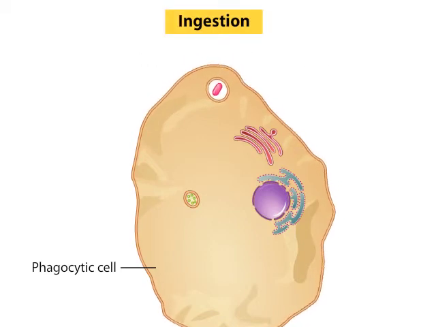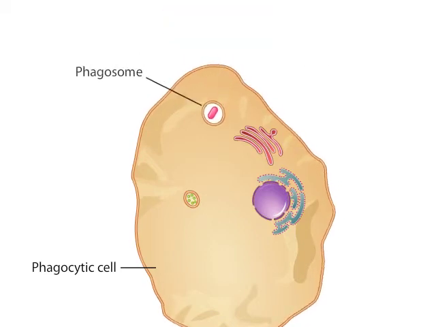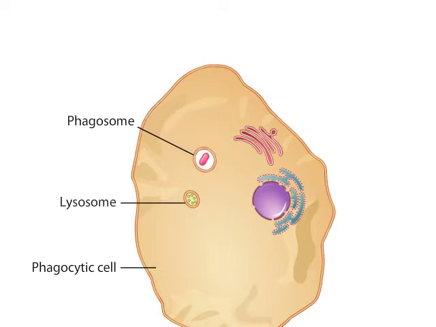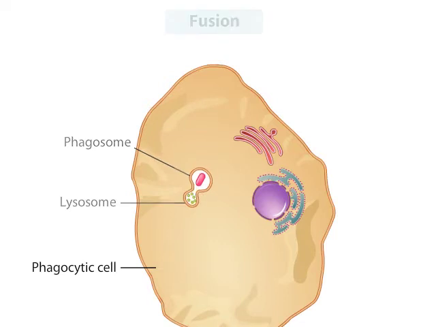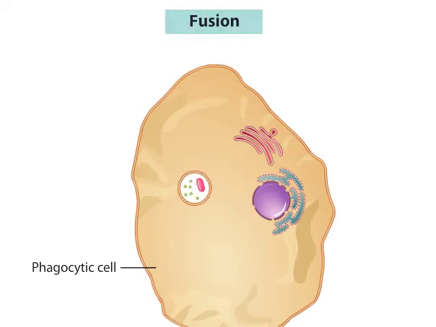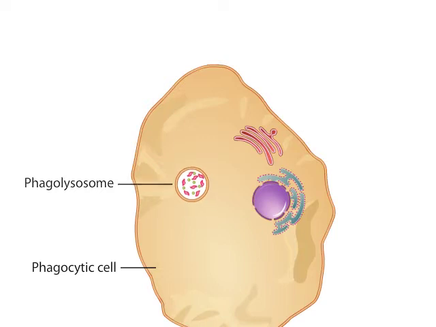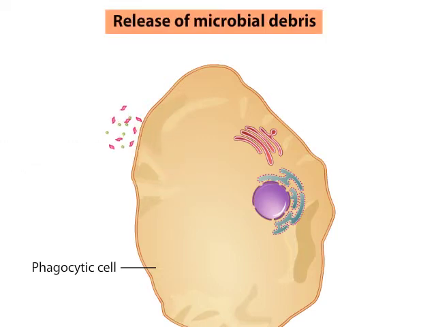The bacterium becomes trapped inside a vesicle called a phagosome inside the cell. A lysosome, which is a vesicle filled with digestive enzymes, fuses with the phagosome. Inside the resulting phagolysosome, enzymes destroy various components of the microbe, and ultimately, the microbe itself. The cell releases the microbial debris outside the cell.